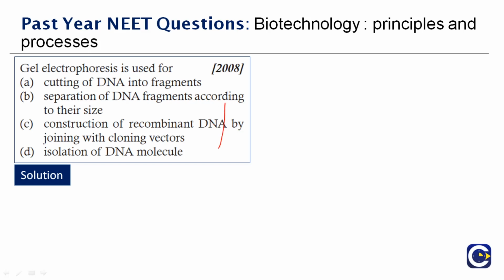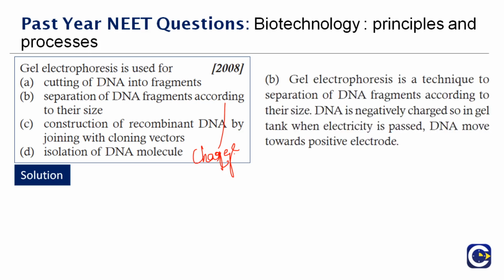One is size and the other is charge. Gel electrophoresis is a technique for separation of DNA fragments according to their size. DNA is negatively charged, so in a gel electrophoresis tank, when electricity is passed, DNA moves towards the positive electrode. So once again, it is involved with charge also. Therefore, the correct answer is option B.